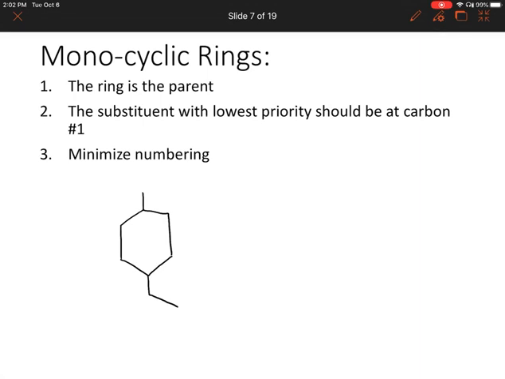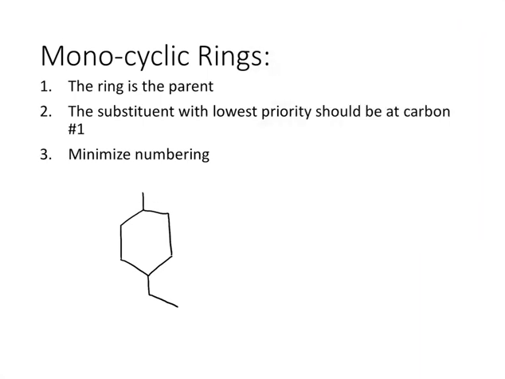All right, so now we need to learn how to number the ring and also name it. So let's go to rule number 2. The substituent with the lowest priority should be at carbon number 1. What do we mean by lowest priority?